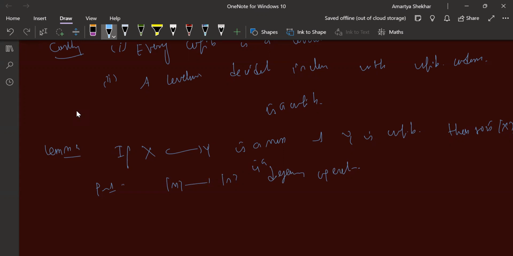Then by the previous corollaries, using some previous corollary, I don't want to specify all the time whether it is the corollary just preceding it or the one before that. So it is also a decidable inclusion.